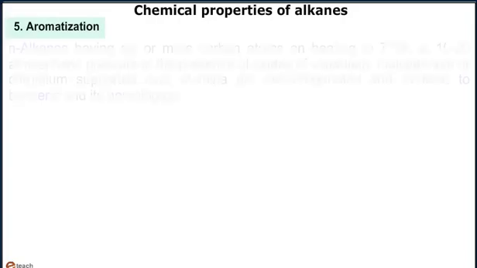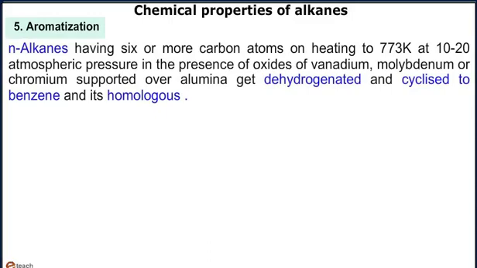Normal alkanes having 6 or more carbon atoms, on heating to 773 Kelvin at 10 to 20 atmospheric pressure in the presence of oxides of vanadium, molybdenum or chromium supported over alumina, get dehydrogenated and cyclized to benzene and its homologues.